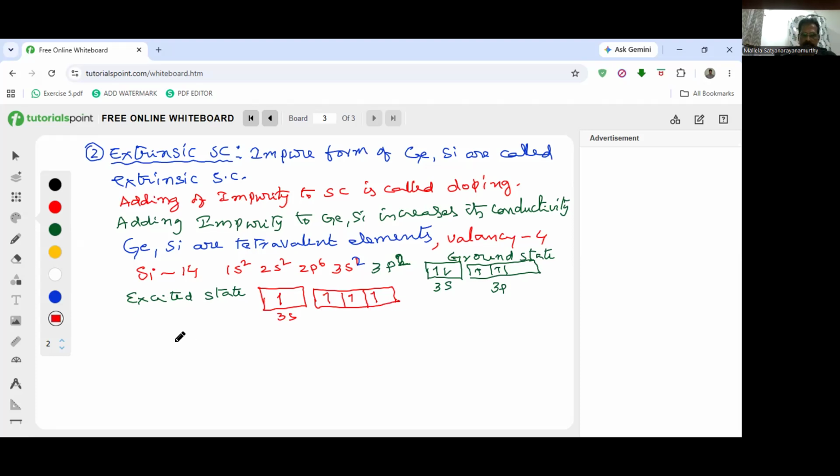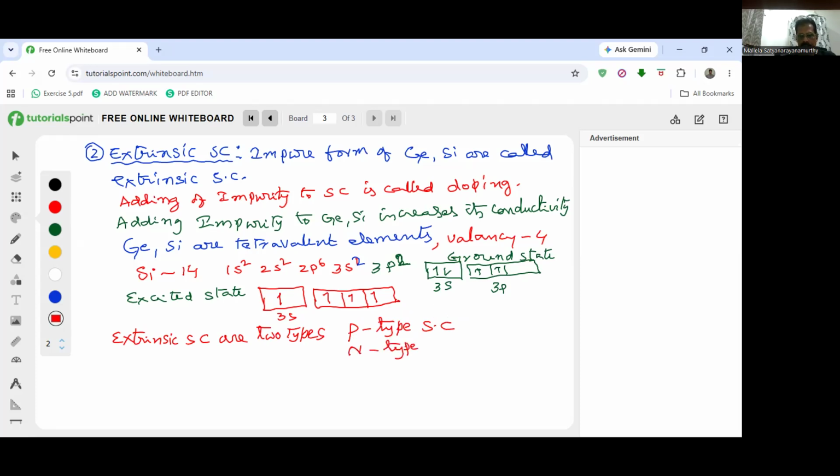So extrinsic semiconductors are 2 types: P-type semiconductor and N-type semiconductor.